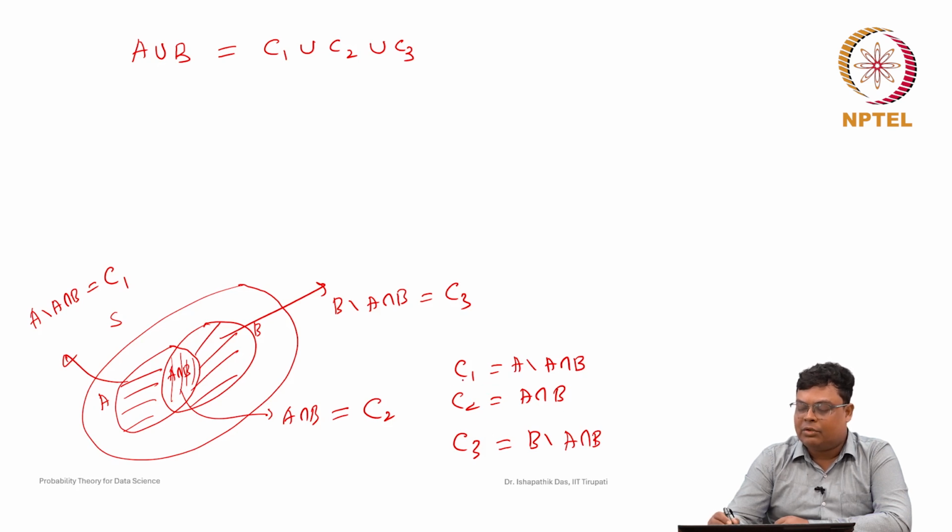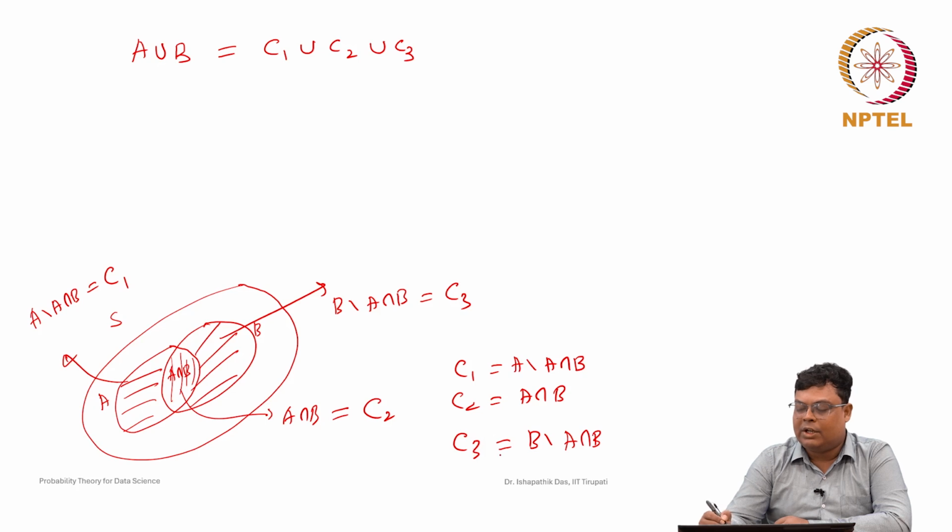You can easily show that C1, C2, C3 are mutually exclusive events. C1 is defined by all elements of A which are not in A intersection B, and C2 is exactly A intersection B, so these will be disjoint. Similarly, C3 and C2 will be disjoint.